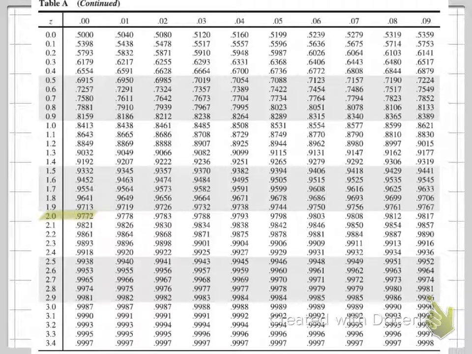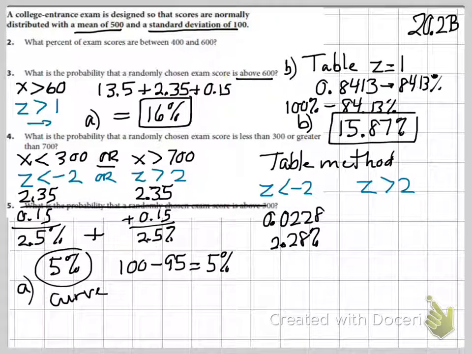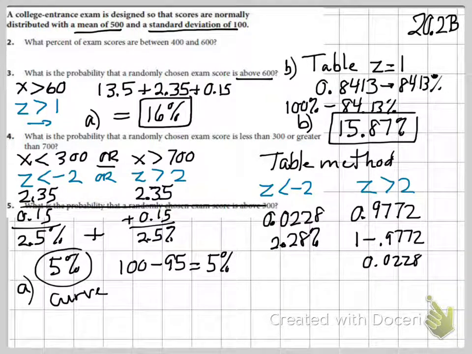If I go look up z equals +2, one more page till I get to the +2 page. Positive 2, 0.9772. But you can see, if I try and just add those two together, not even close. This one's greater than. The table doesn't tell us greater than. I gotta do 1 minus 0.9772, which gives me that same thing we had over here, 0.0228.